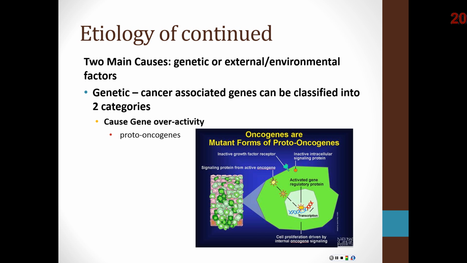So they're the good guys. But they become oncogenes when there are mutations to them. A proto-oncogene becomes an oncogene when it's been mutated, and then what you have is uncontrolled growth. So this is genes that cause overactivity. If a proto-oncogene works normally, it's controlling growth and function.